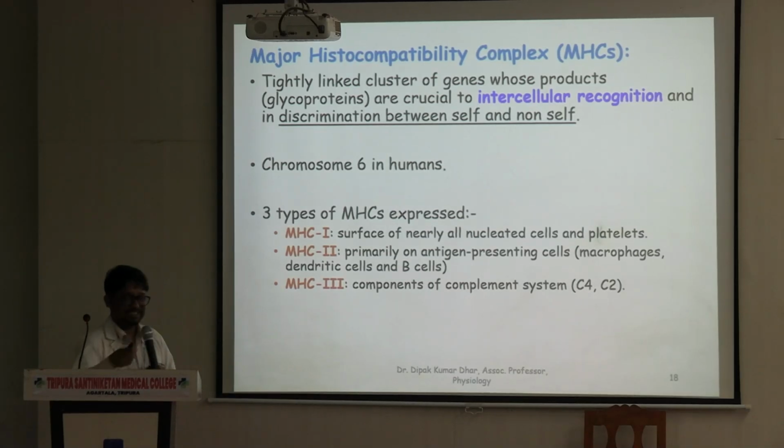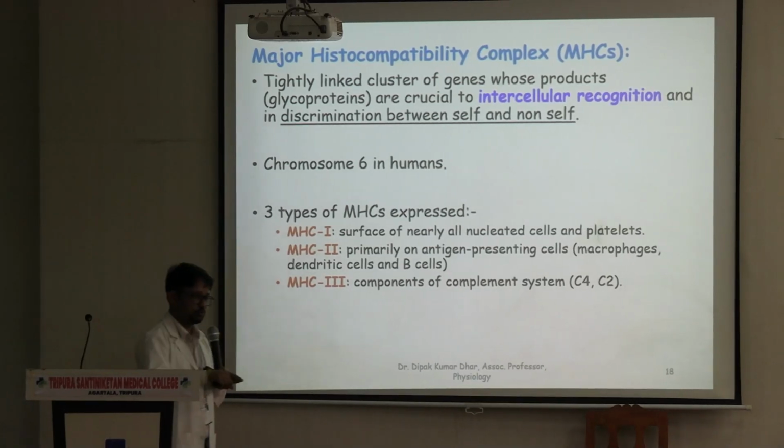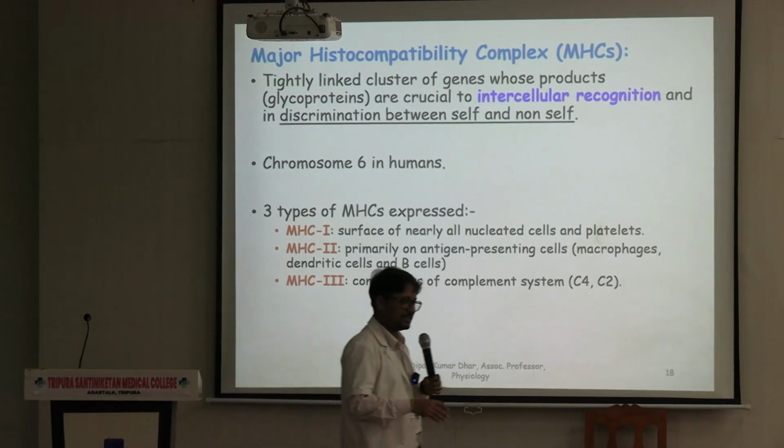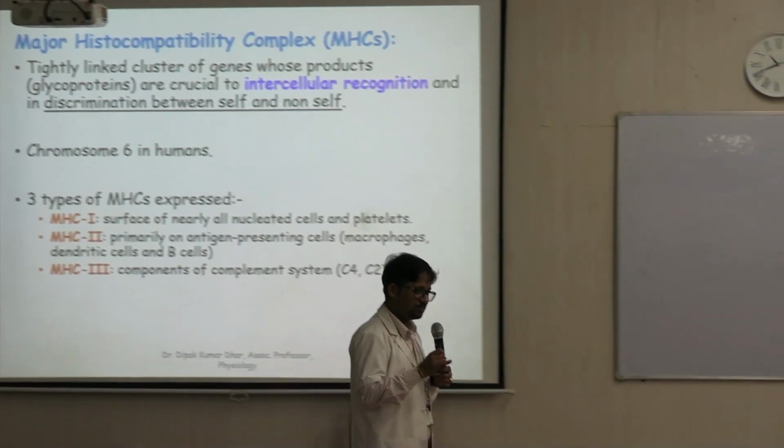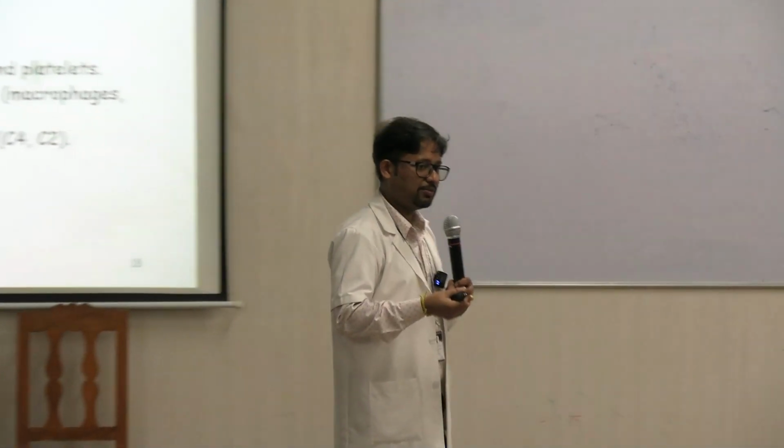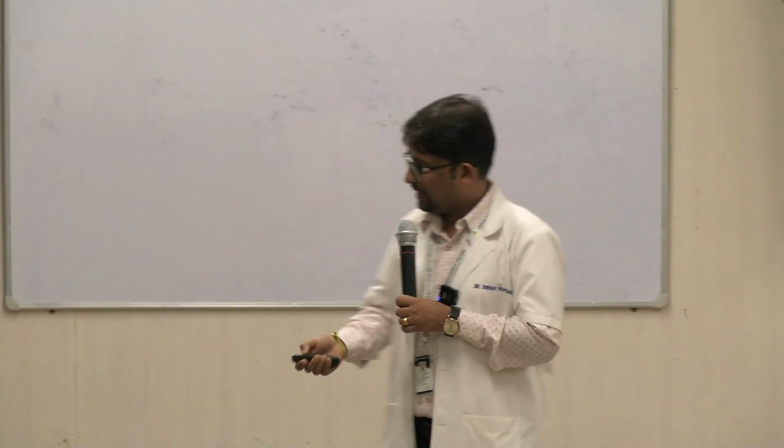So antigen presenting cells have both: because they are nucleated cells they will have MHC1, and additionally they have MHC2, right? MHC3 are components expressed on the components of the complement system.